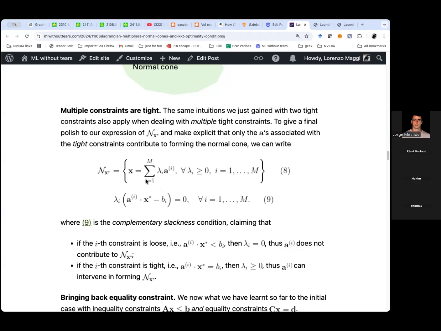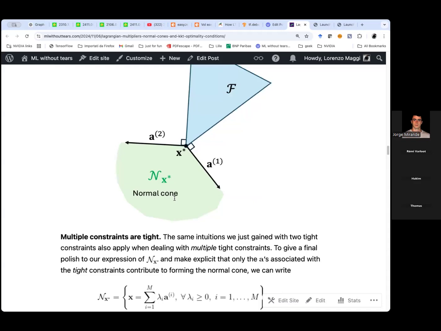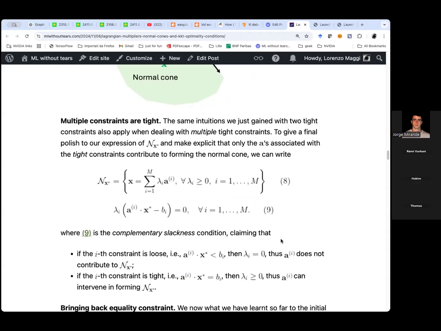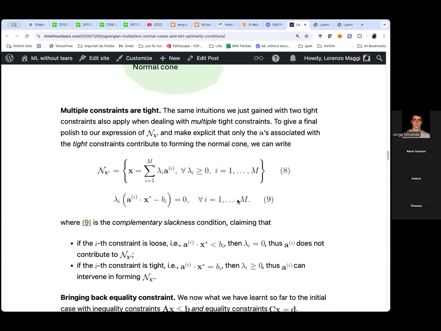Okay, so it's not actually a sum over all i's, but a sum over i's such that the constraint is not tight. So here it would be a sum over 1 and 2, not 3. Okay, but this is, let's say, a fancy way to say the same thing.